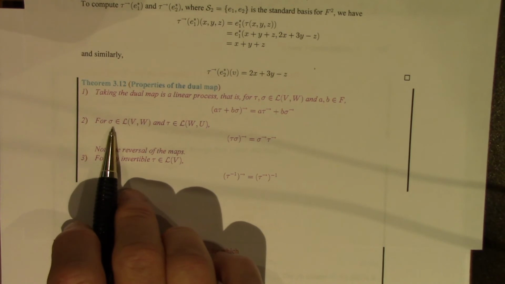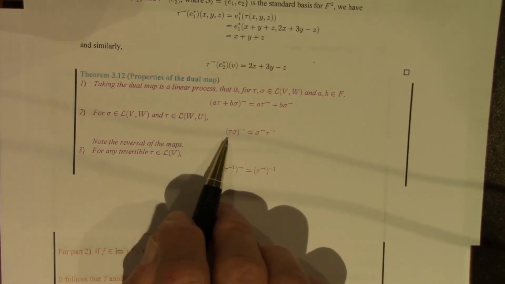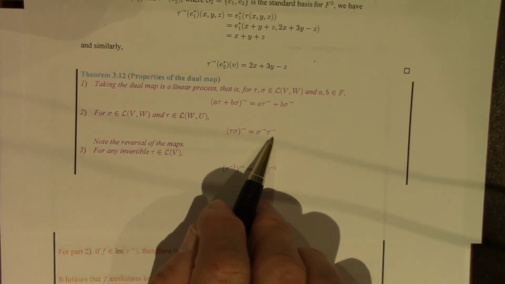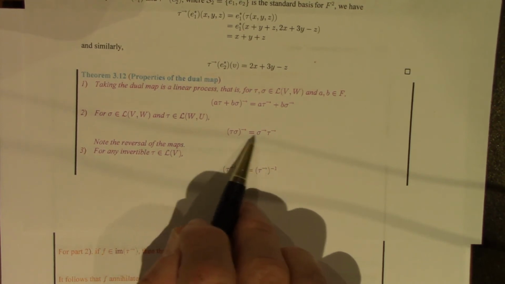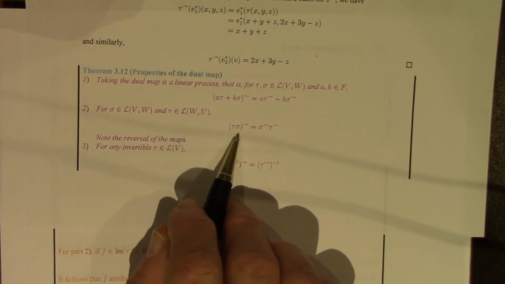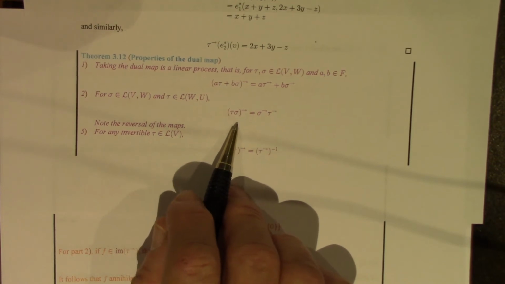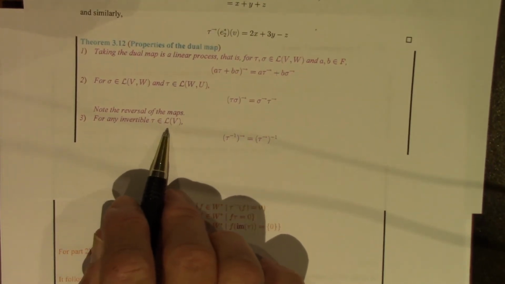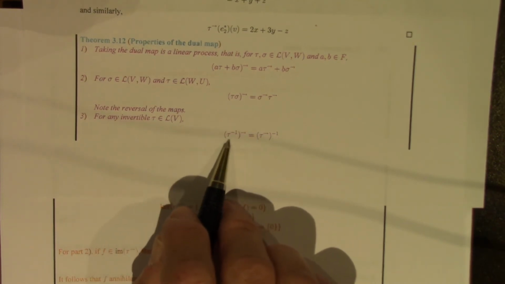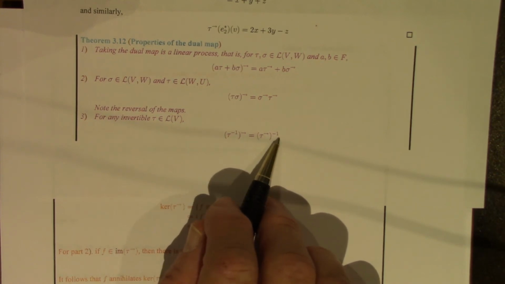If the maps sigma and tau are compatible with composition, then tau sigma arrow is sigma arrow tau arrow. And note the reversal, just as it's the same situation if we were taking inverses for invertible maps. If tau is an invertible operator, then tau inverse arrow is tau arrow inverse.